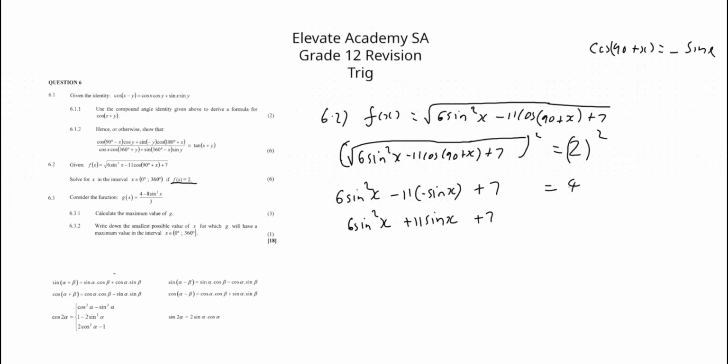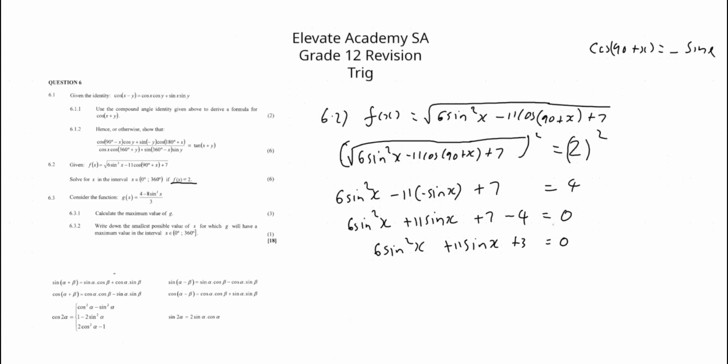Then I'm going to subtract the 4 from both sides, so the positive 4 becomes a negative 4, equals 0. Since we explained this, let's rewrite it one more time: 6 sine squared x plus 11 sine x plus 3 is equal to 0.